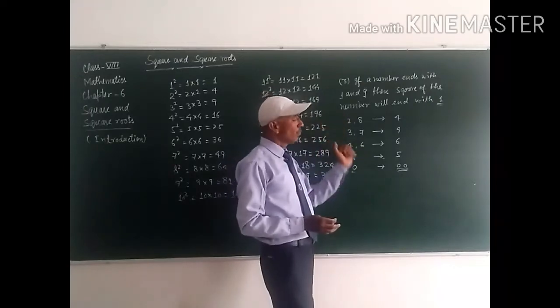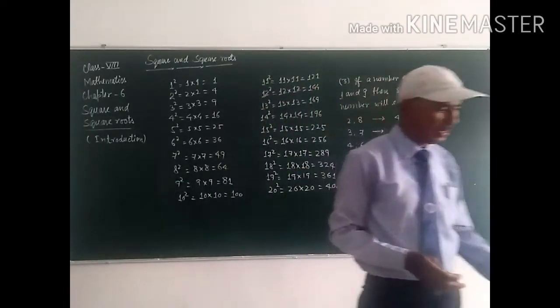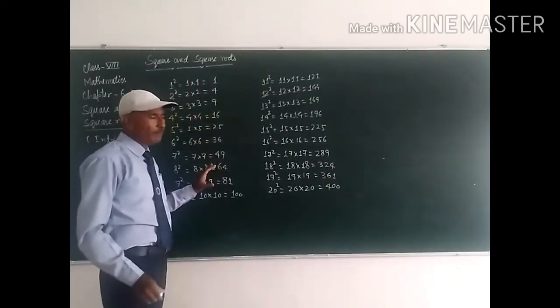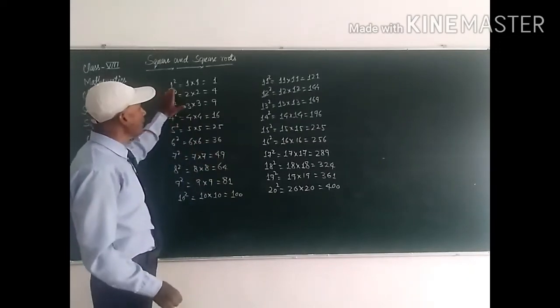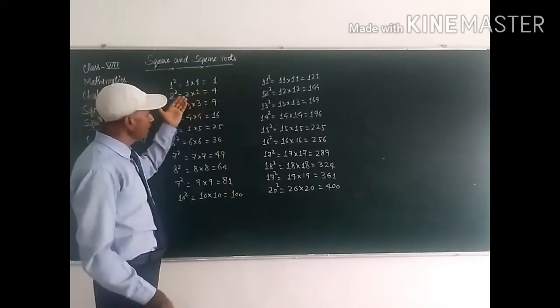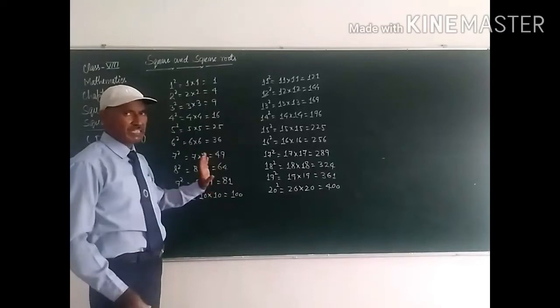Now we have to find the next property, student. From the table, student, we find the square of an odd number is odd and the square of an even number is always even.